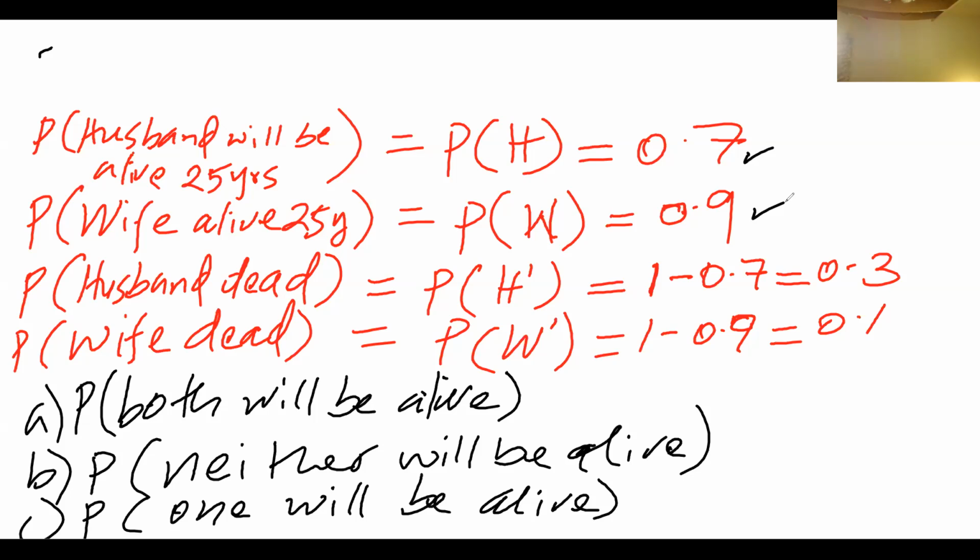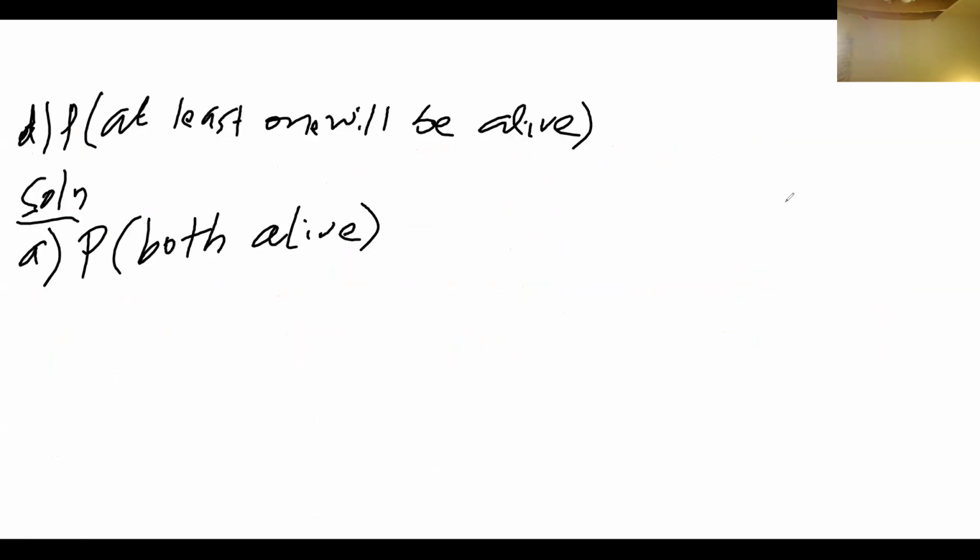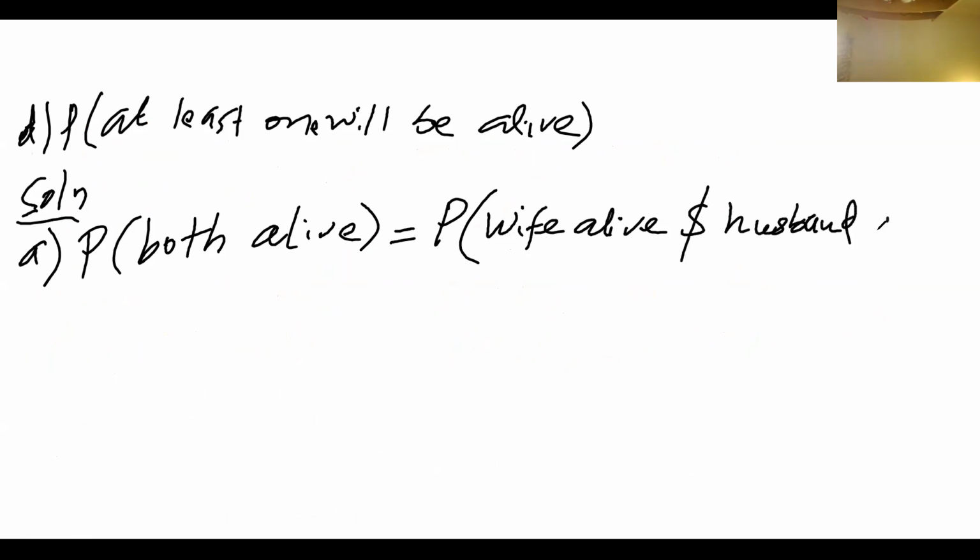So that becomes the probability that the wife is alive and the husband is alive.